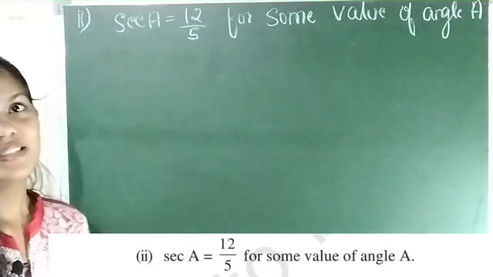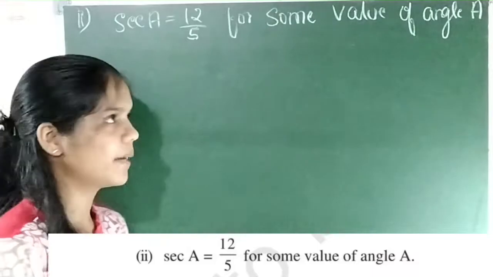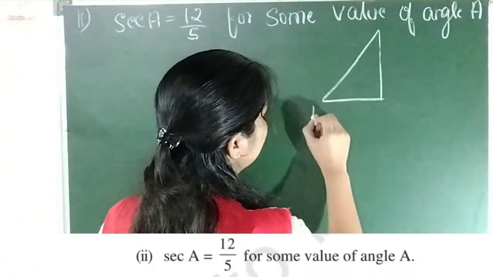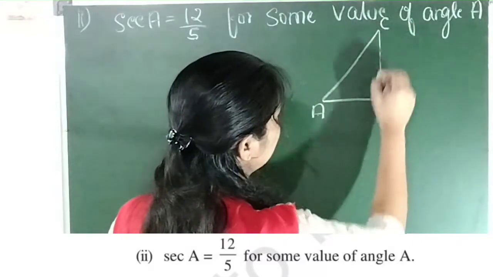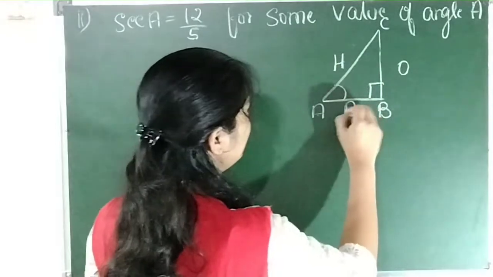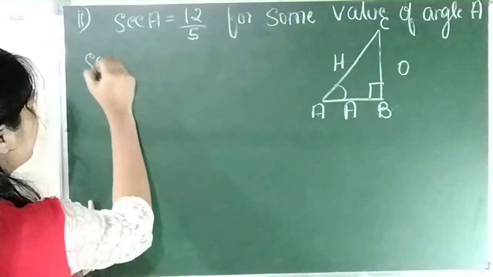So the second question, secant A is equal to 12 by 5 for some value of angle A. So let us draw a right angle triangle. They have given secant is equal to 12 by 5.